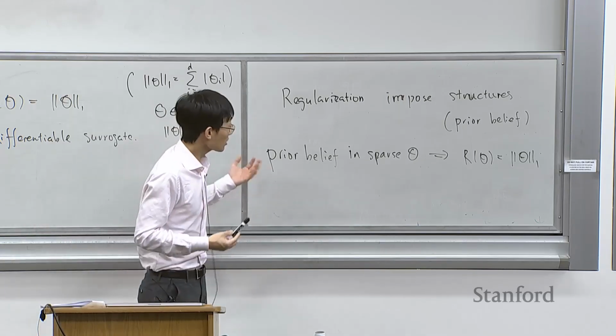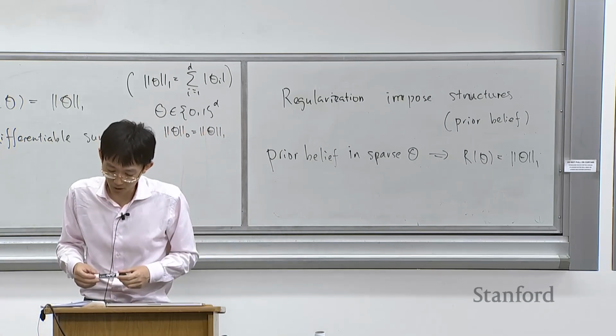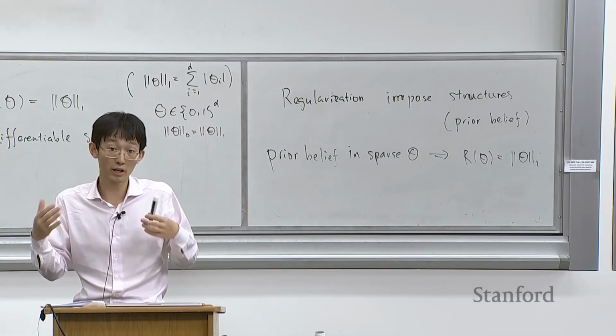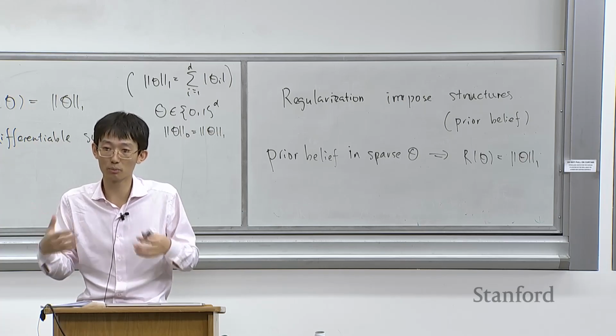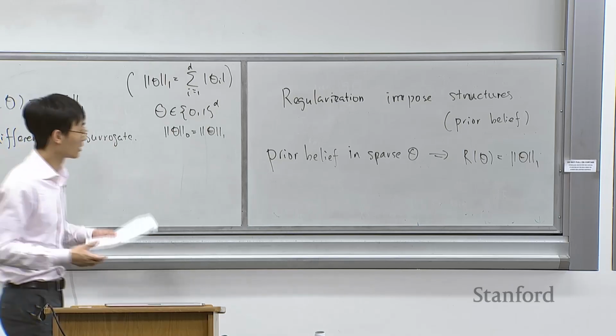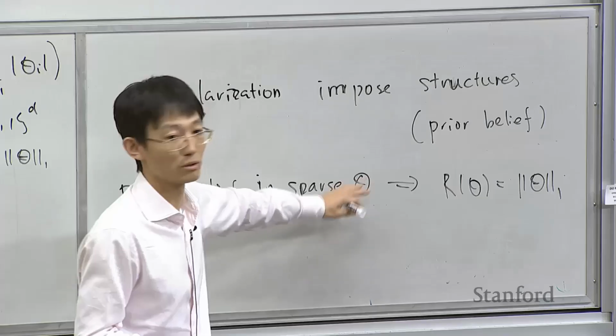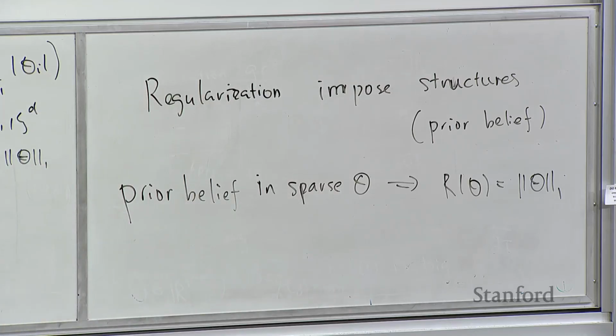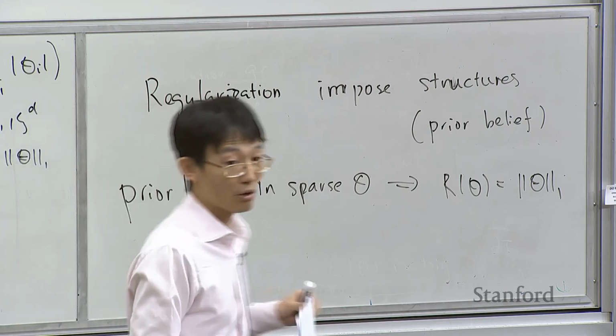So that's another interpretation of the regularizer. It can impose additional prior belief in the structure of the model. If you believe in L1 norm, then you should encourage L1 norm. If you believe that your true model has a small L2 norm, then you should encourage small L2 norm.